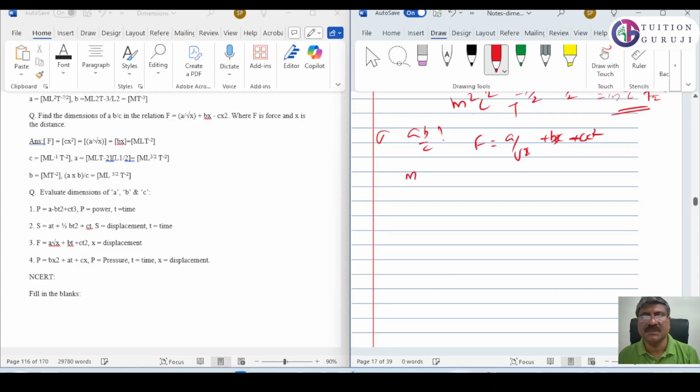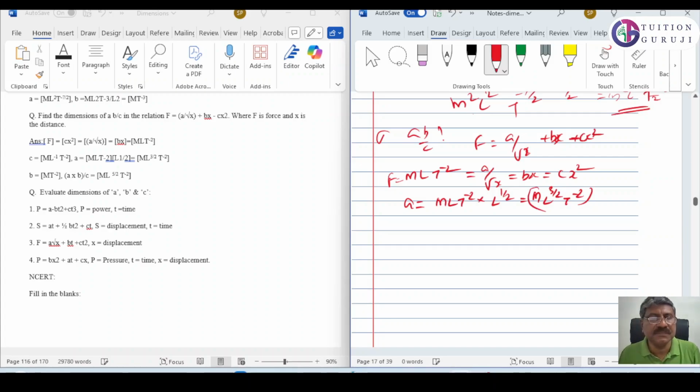Now F is force, so F is equal to m L T to the power minus 2. Okay. Is equal to A by root X is equal to Bx is equal to Cx square. So A is equal to m L T to the power minus 2 into L to the power half is equal to m L to the power 3 by 2 T to the power minus 2.